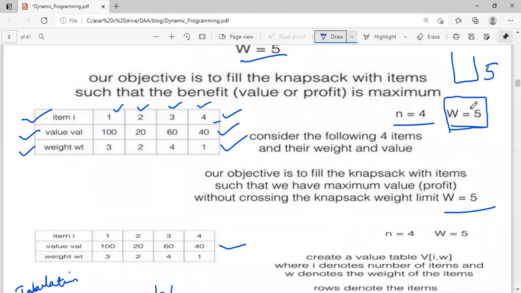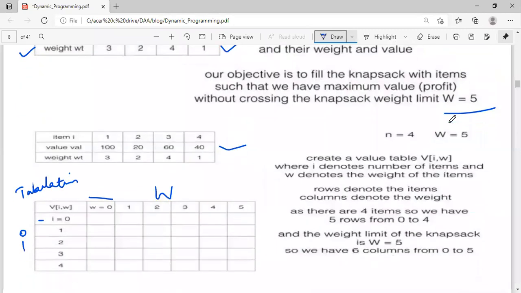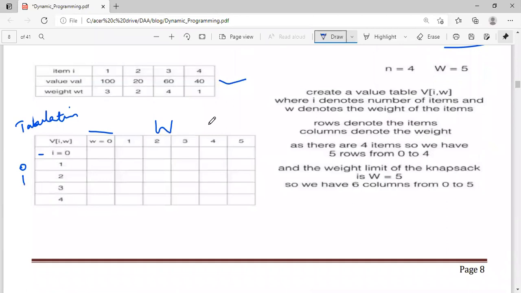What is the bag capacity I have? 5. Okay, so now we need to take an empty table. This is called the tabulation method. In this tabulation method, we must start from 0. W equals 0, 1, 2, 3, 4, 5. This is the weight. The weight capacity is 5, because of that we have taken 5 columns.